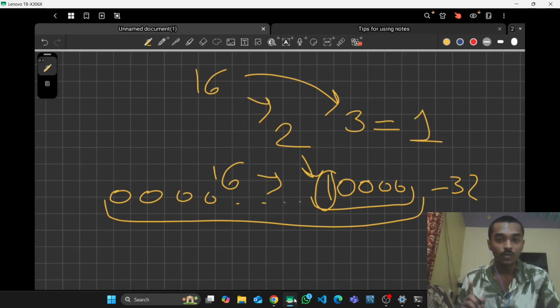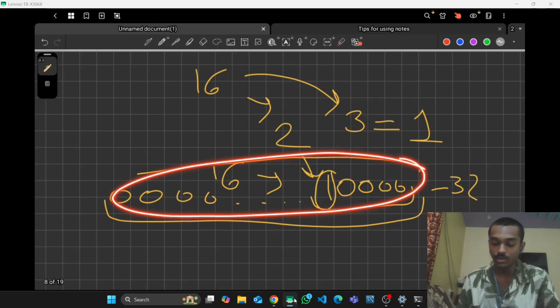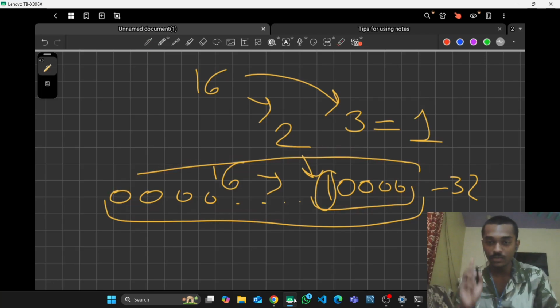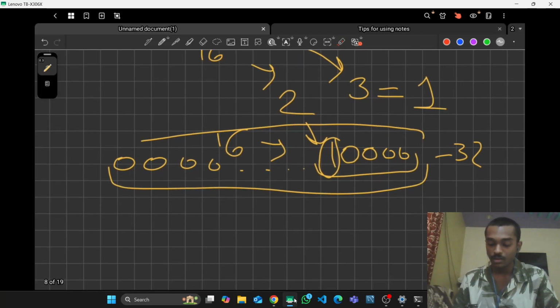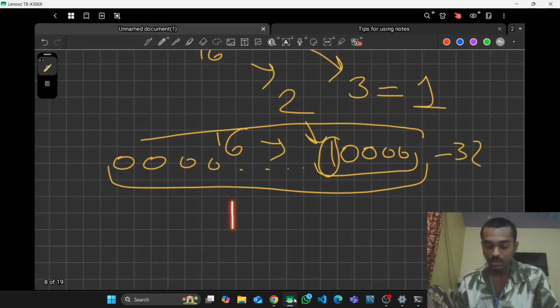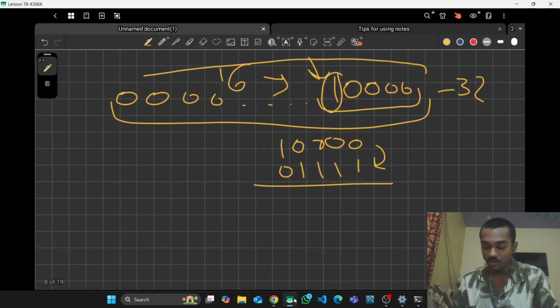If it is a power of 2, only one bit out of the 32 bits is 1, otherwise more bits are 1. If you AND the number 16 with the number just below it, you will get 0, right?